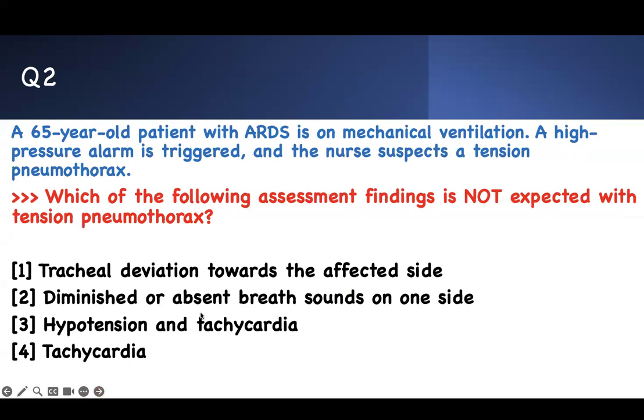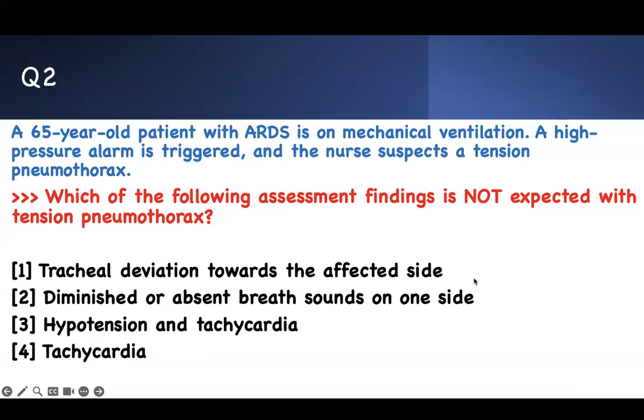Which of the following assessment findings is not expected with tension pneumothorax? The 65-year-old patient with ARDS is on a mechanical ventilator, right? A high pressure alarm is triggered and the nurse suspects a tension pneumothorax. How would I know this is tension pneumothorax?